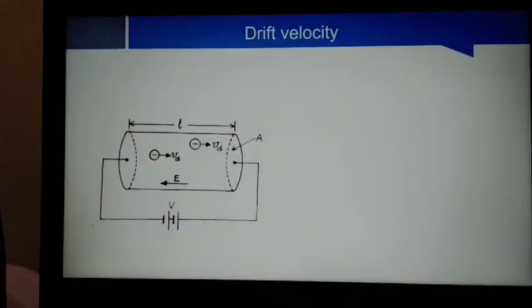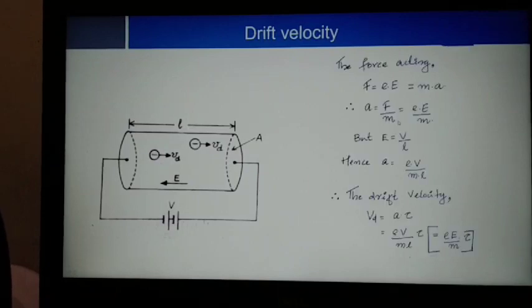The force experienced by the free electrons is F = eE, where e is the charge of an electron. According to Newton, that is equal to m into a.